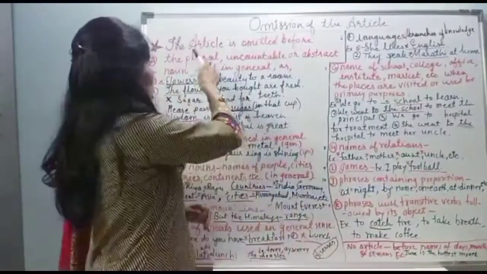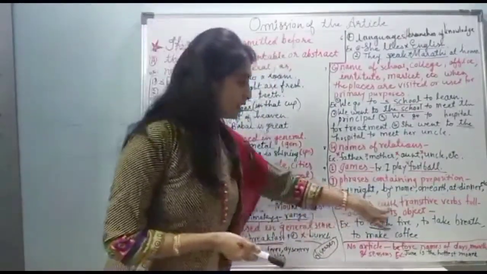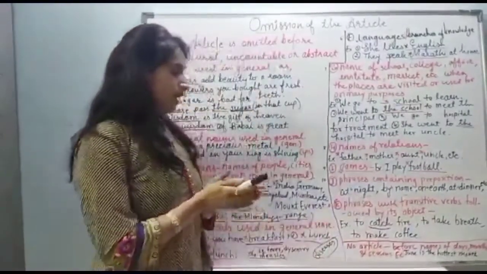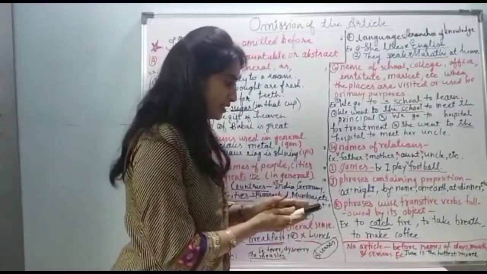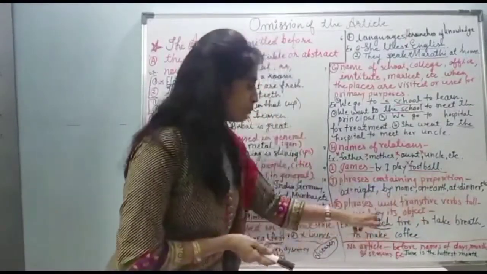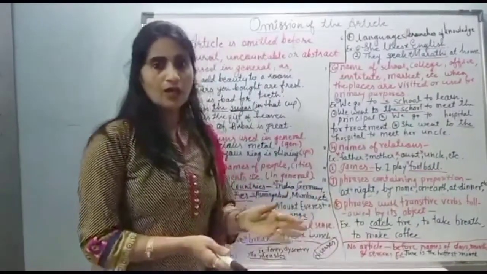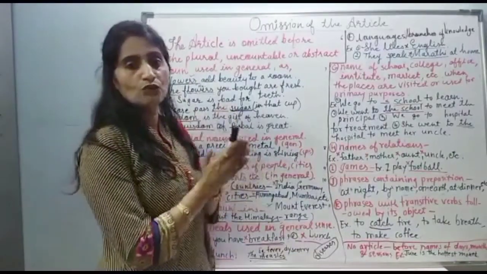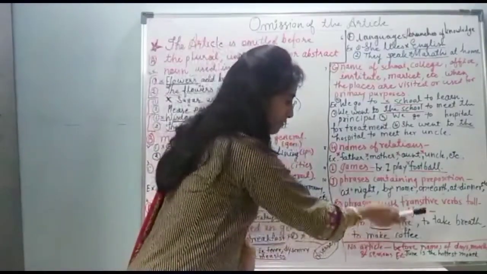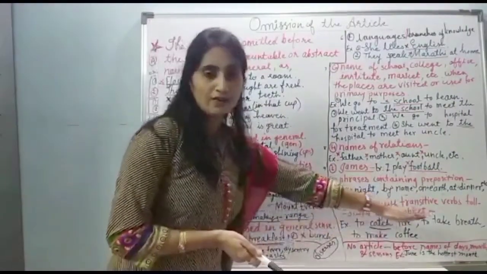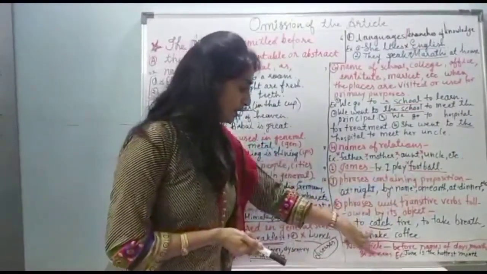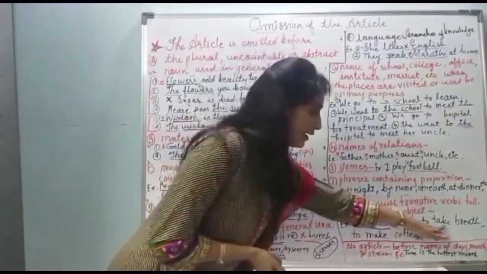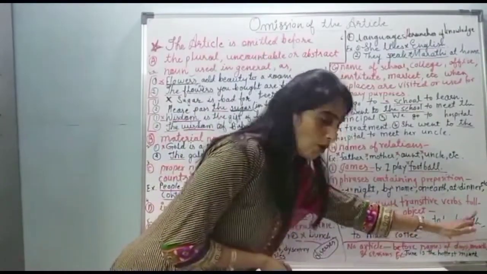The next one: the article is omitted before phrases with transitive verbs followed by their object. If the phrase has a transitive verb followed by its object, in such cases also we should not make use of any article. See here: to catch fire. This is a phrase. Catch is the verb, fire is an object. To take breath: take is a verb, breath is an object.